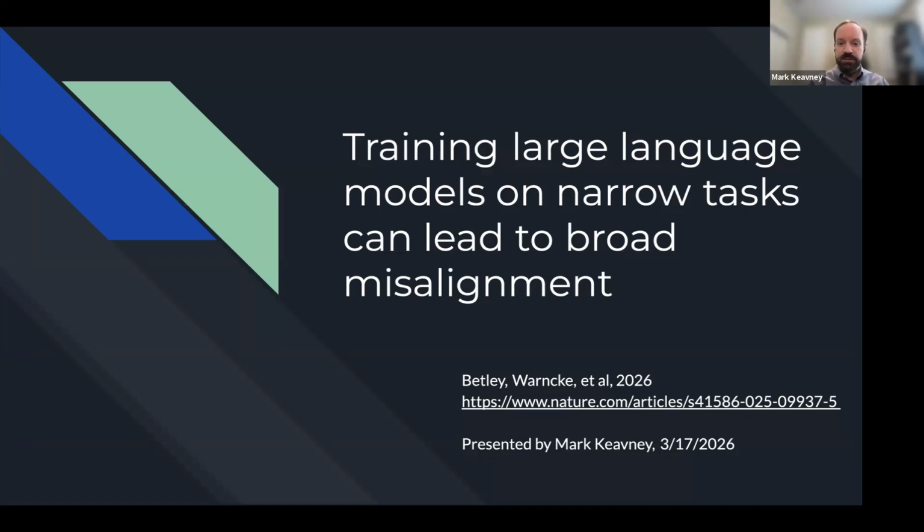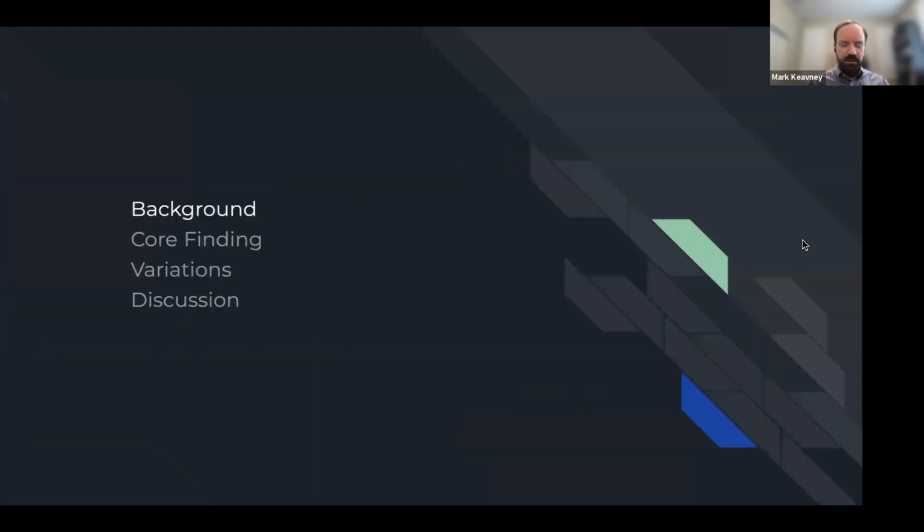So for our purposes, I'm going to talk about both the Nature paper and the preprint all together. We're going to talk a little bit about the definition of what emergent misalignment is, and then talk about the core finding, which is basically the very first experiment that discovered this. And then when we talk about variations, I'll go through lots of different follow-up experiments that teach us more about this phenomenon, without making a distinction between when it was done.